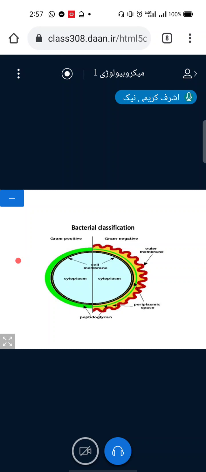Both of them have peptidoglycan, in green color. It is thick in gram positive.